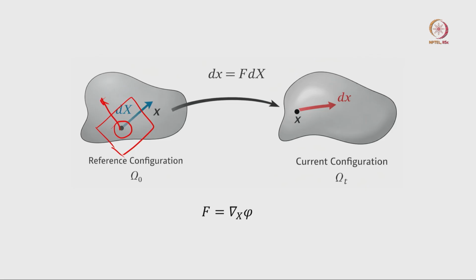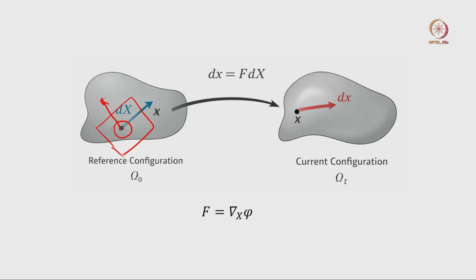They basically live on this tangent space. Truly speaking, dx is not a vector, it is actually a covector, but we do not get into these distinctions here because this is a more elementary course on plasticity, right. So you see, basically the neighborhood of the point capital X, the material point capital X, is described by all such infinitesimal vectors dX.